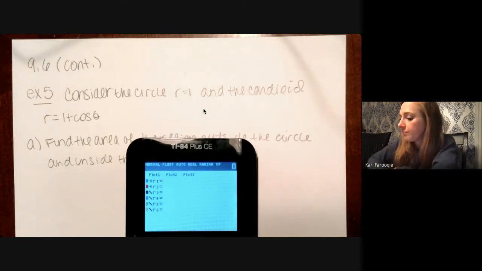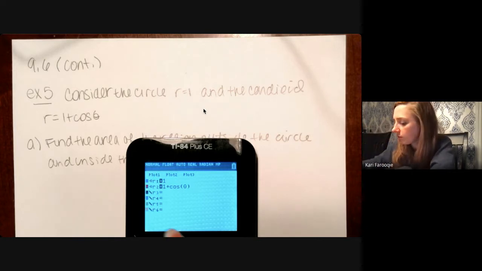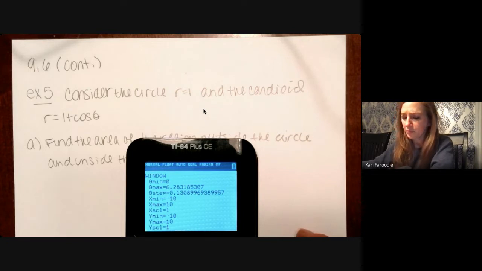Okay, we are looking at r equals 1 and r equals 1 plus the cosine of theta. And we're going to graph these together. Right now, I am set from 0 to 2 pi. Remember that r equals 1 is just the circle centered at the origin with a radius of 1.